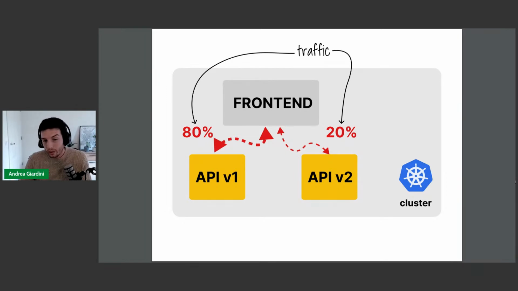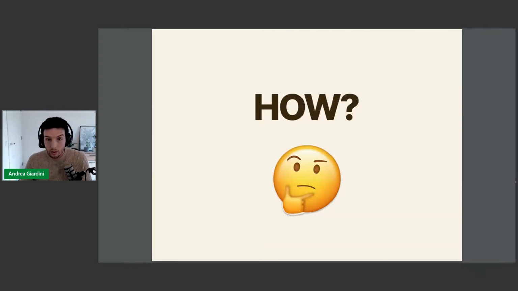If I wanted to do that just with replicas, I would have to create 4 replicas of version 1 and 1 replica of version 2 to obtain this split, right? And they might actually not be needed, because maybe my frontend is not sending that much traffic. Is there a way that I can achieve this by using different tooling? How can we do that?